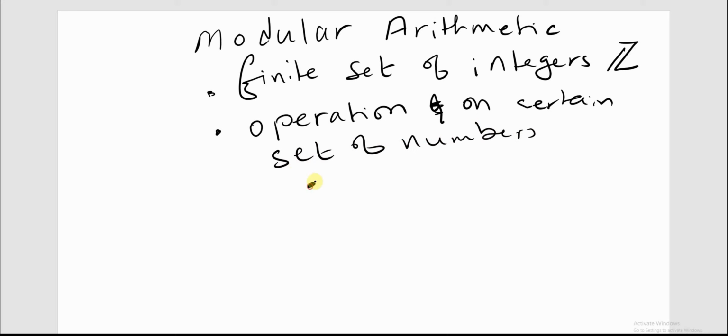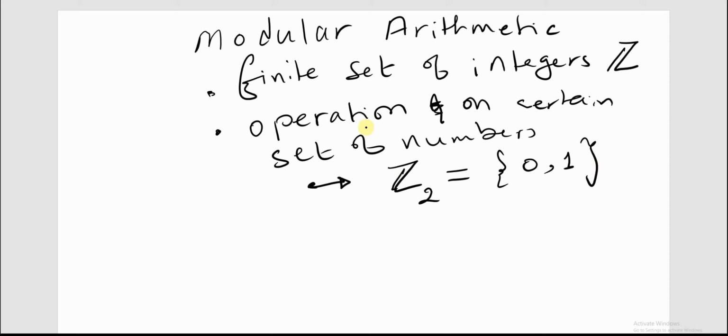For example, we can perform operations on the set of numbers that belong to the integer set Z2. In this case, this corresponds to the set that has the two numbers 0 and 1.